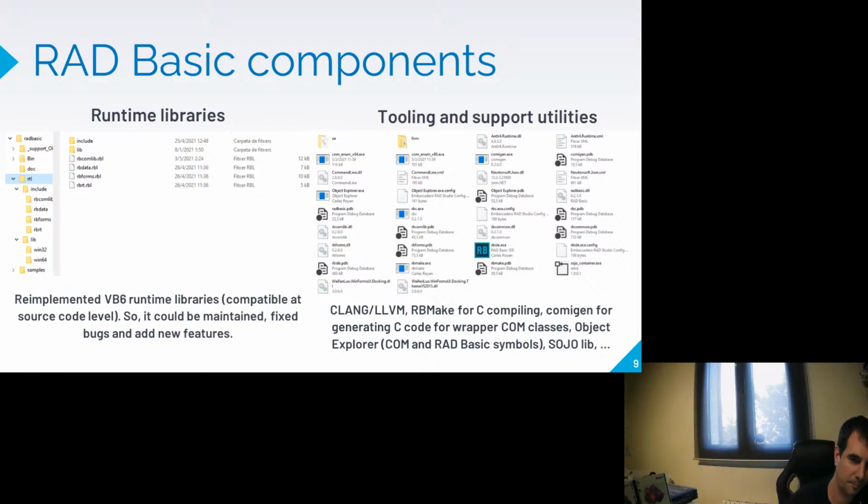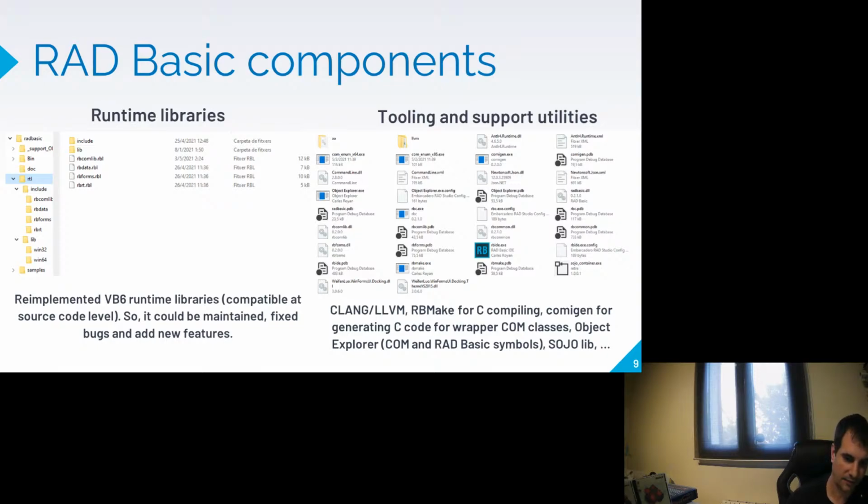Okay, and the last part is tooling and support utilities. As you can see in this picture, there are other utilities around RAD Basic, around the IDE and compiler. That is Clang. I will show you later that RAD Basic is based on Clang.